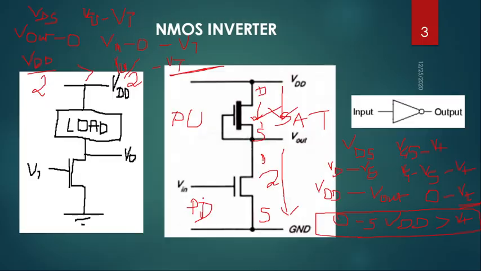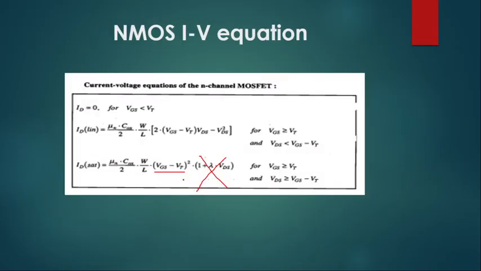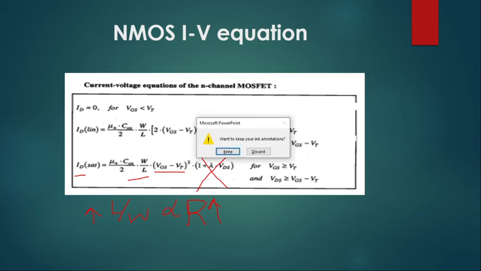If you observe the current equation, current is proportional to W upon L, so L upon W will be proportional to the resistance. If the L upon W ratio is higher, that means resistance is also higher. That is why this ratio is very important with respect to transistors and inverters.